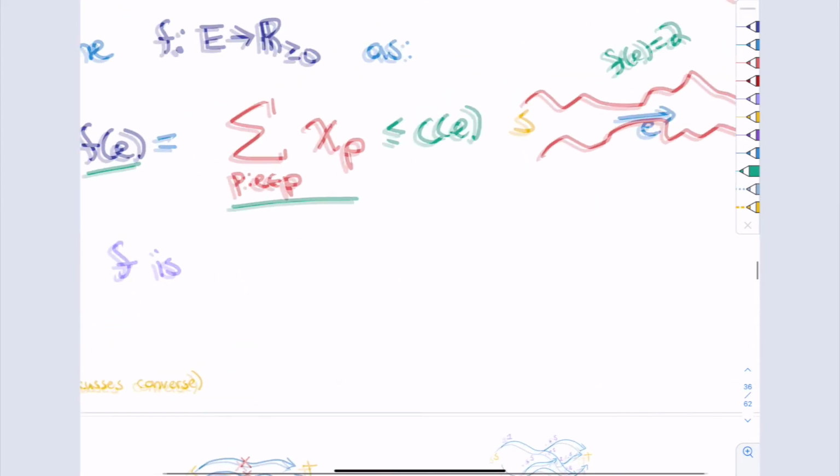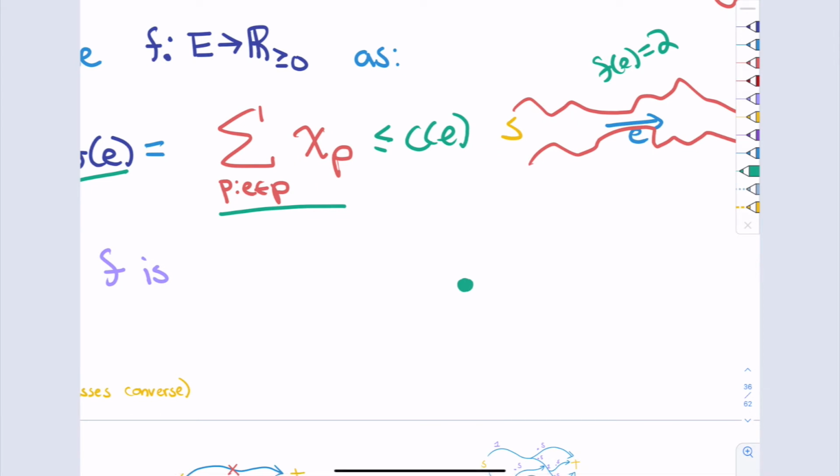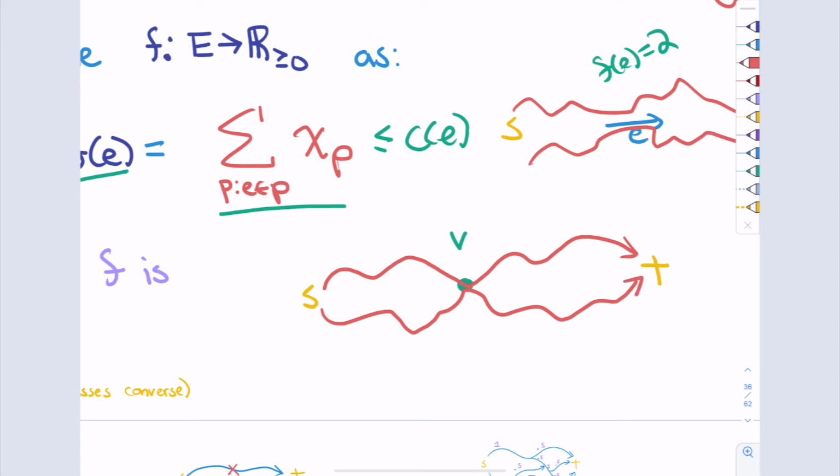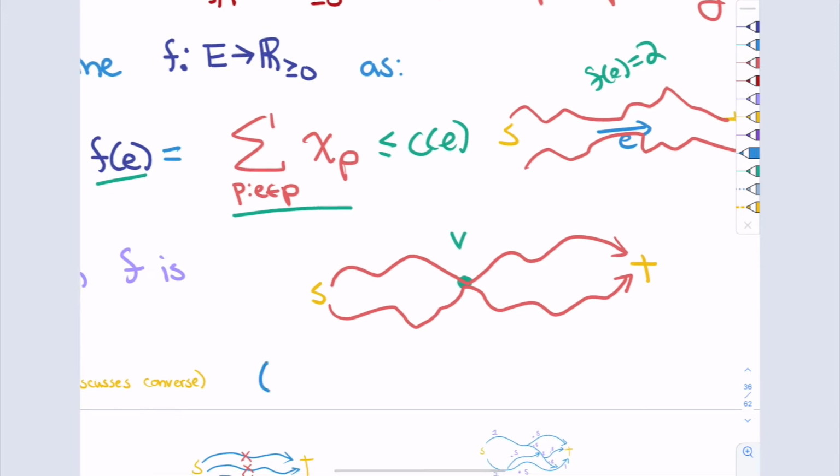And then what's really great for the conservation constraints: if I'm looking at a particular vertex V, and I'm taking the paths and thinking of them as flow, every path that goes through V also leaves V, because it has to go to T. So when I turn all those paths into flow, I always maintain the fact that the flow that goes in is equal to the flow that goes out, because paths can't stop except at T. So whatever is the maximum number of paths I can take, I can always convert it into a flow of the same size.